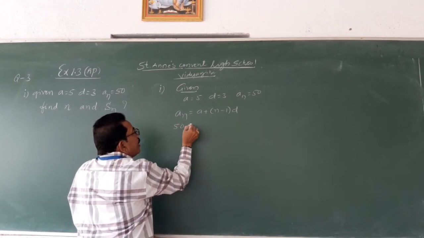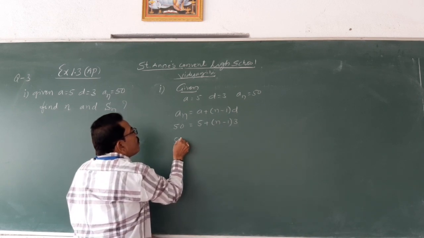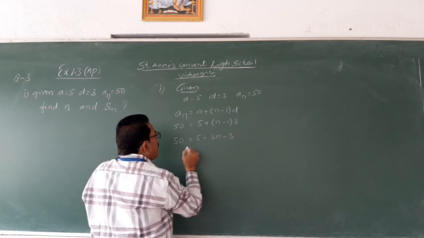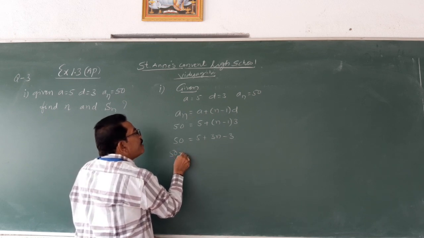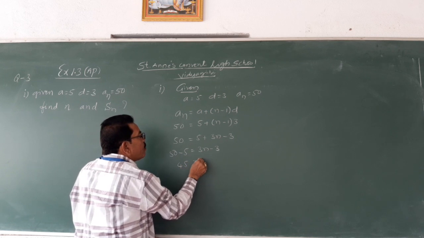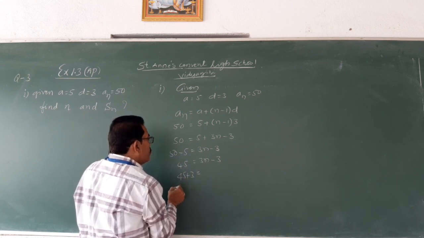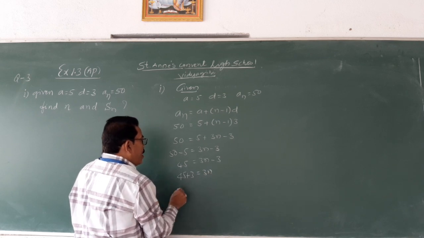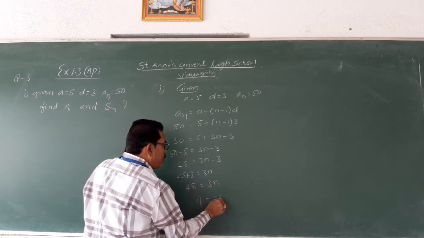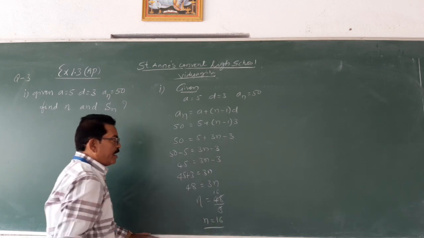An is 50, a is 5, d is 3. So 50 equals 5 plus 3n minus 3. 50 minus 5 equals 3n minus 3, that is 45 equals 3n minus 3. 45 plus 3, 48 equals 3n. n equals 48 by 3. 3 ones are 3, 3 sixes are 18. n equals 16.